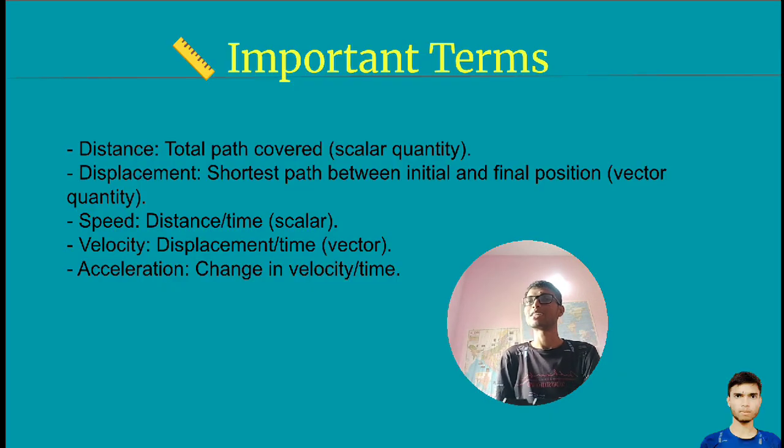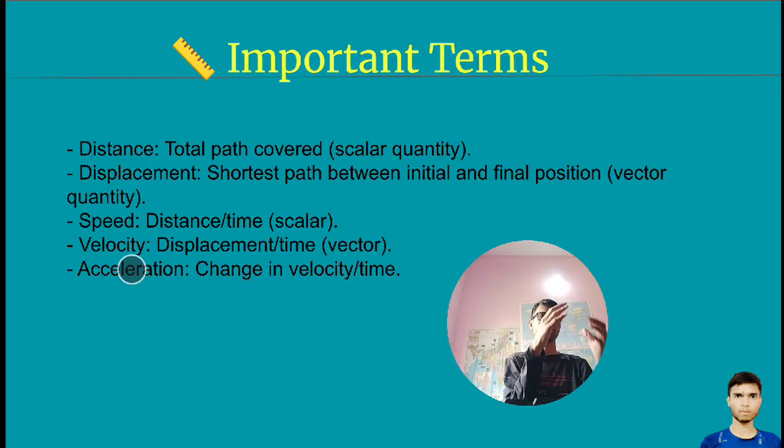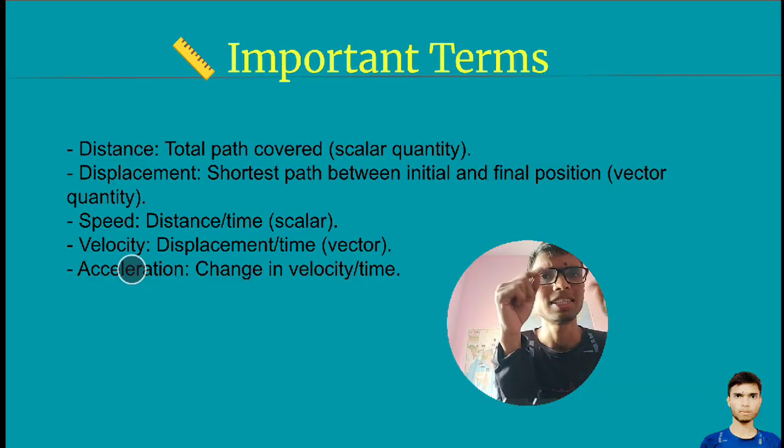Clear? Both look similar, but there is a little difference, just the direction. Speed does not have a direction, velocity has a direction. And always remember, as we said displacement is a vector, so to identify velocity, displacement will come.